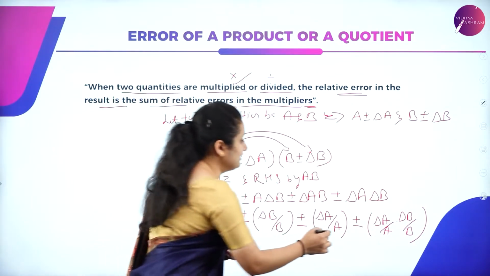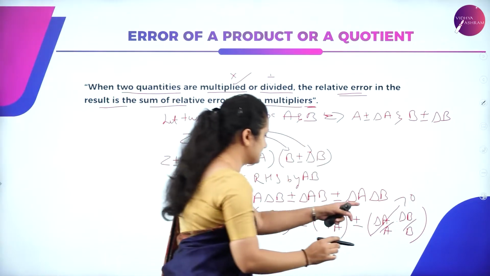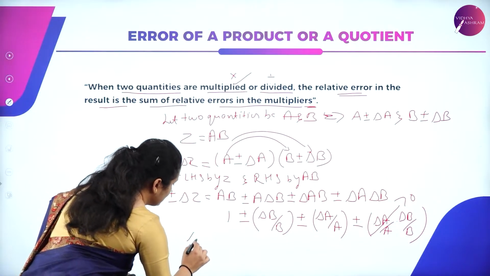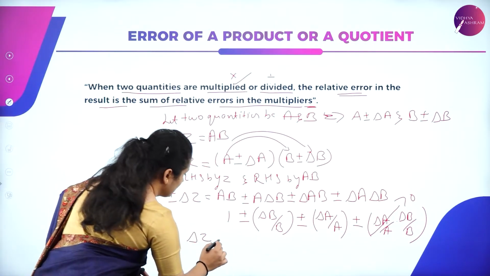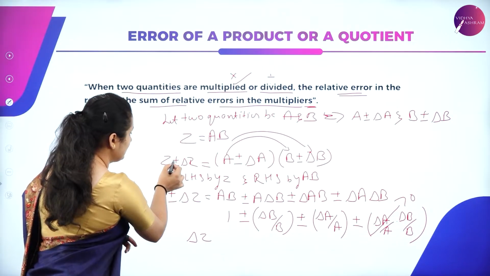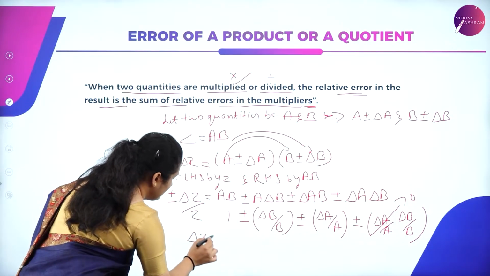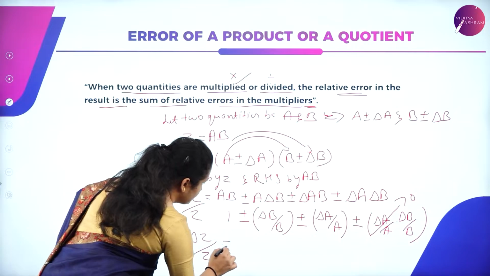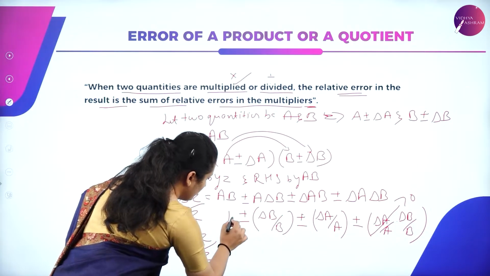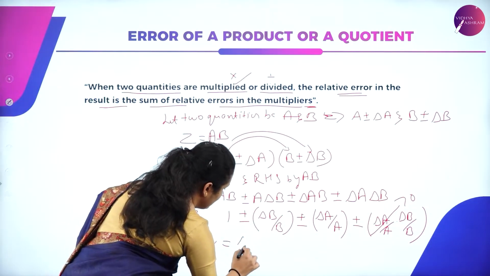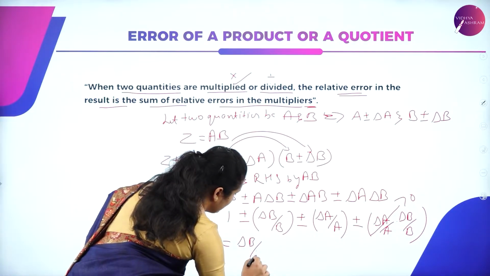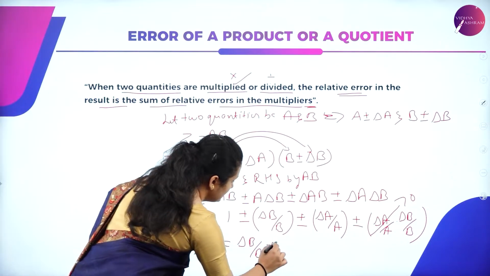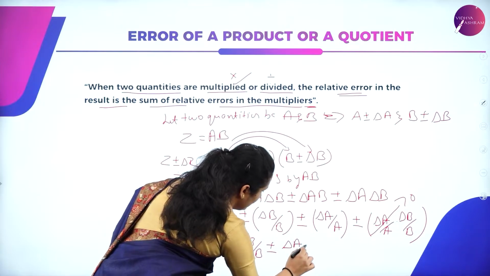After neglecting these terms, you will get delta Z. Divide delta Z by Z. So you will have delta Z by Z is equal to 1 plus or minus delta B by B plus or minus delta A by A.